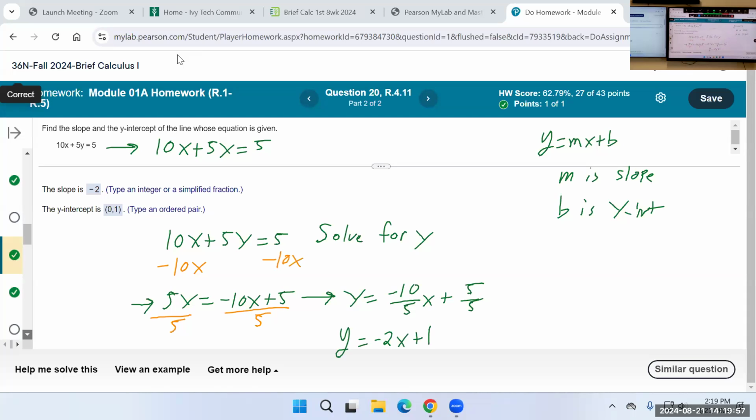So I think it's y equals -2x plus 1. So I think the slope is -2. I think the y-intercept is 1. So that's my slope. That's my y-intercept. So m equals -2. Y-intercept equals 1. As an ordered pair, that would be (0, 1) to answer the question. Questions on that?